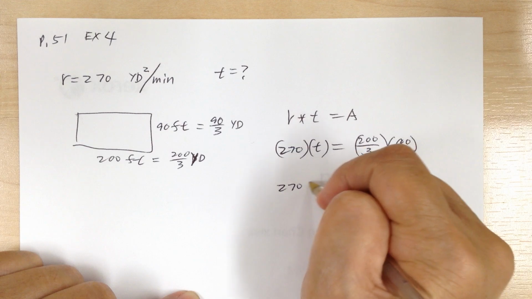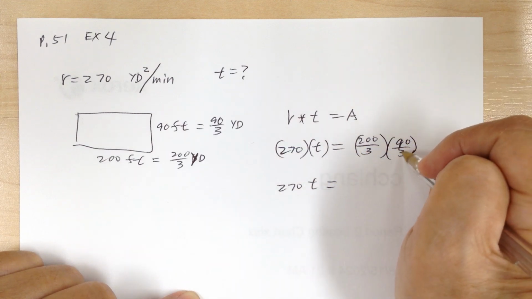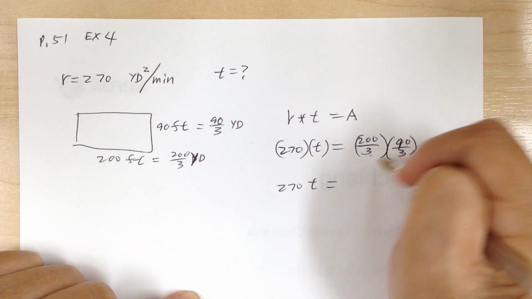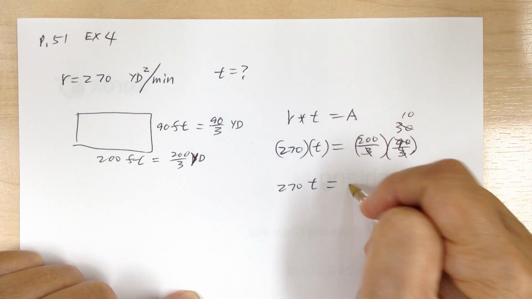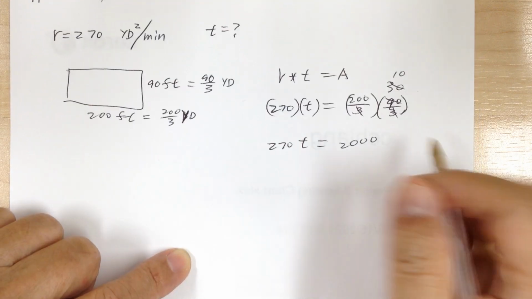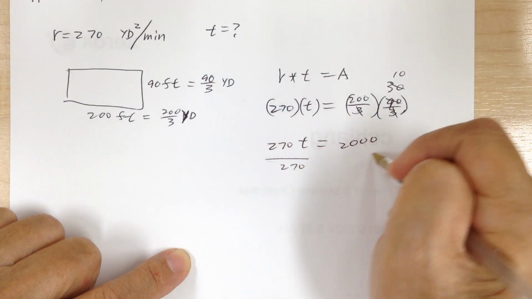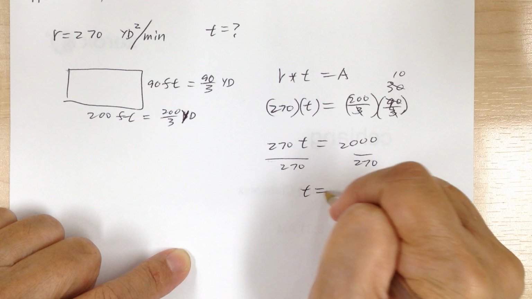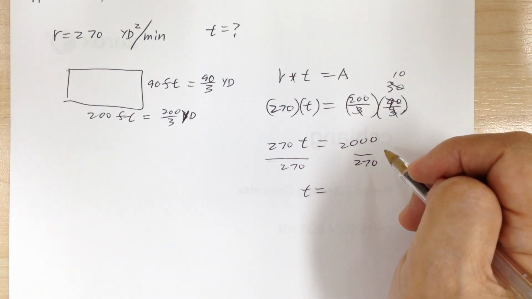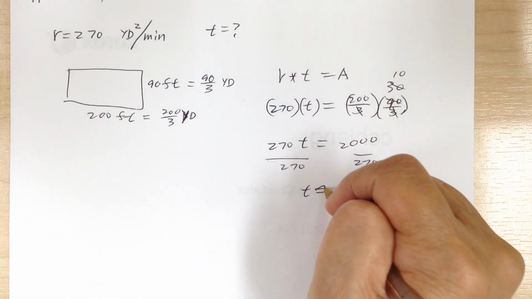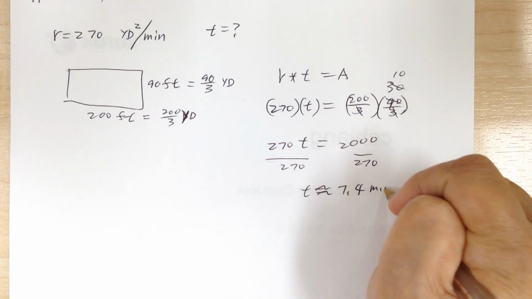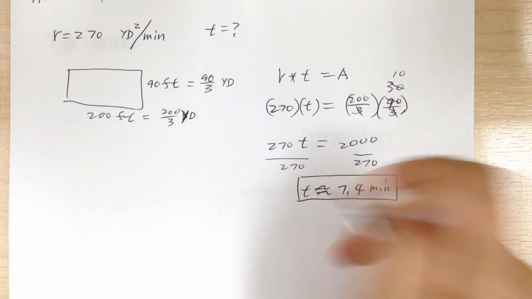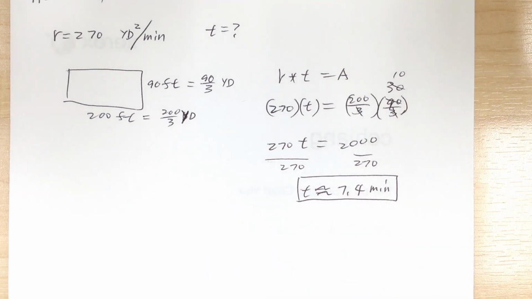So you got 270t equal to, okay, the 3 and 9 will cancel out, you get 30, cancel out, you get 10, so it becomes 2,000. Okay, then you divide by 270 on both sides. So t will equal, get your calculator, about 7.4 minutes. Okay, and that's it.